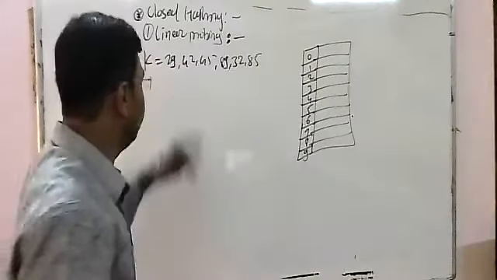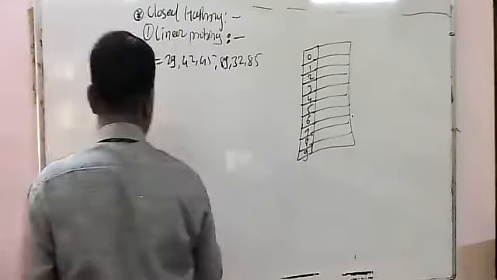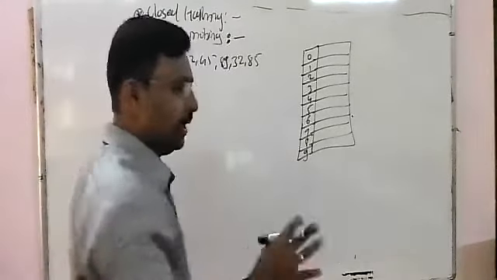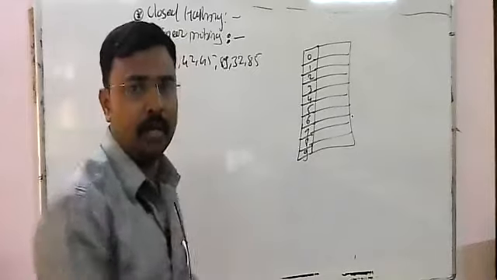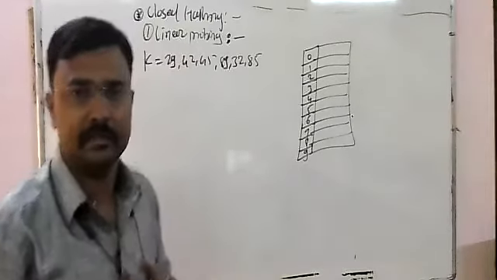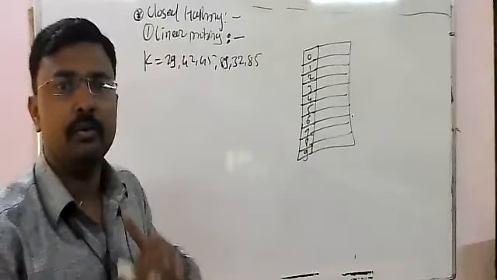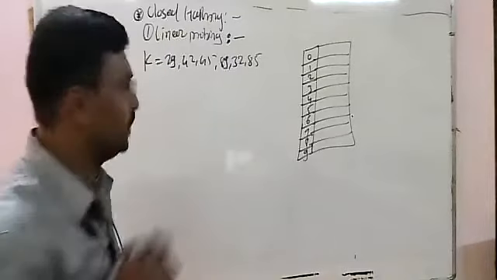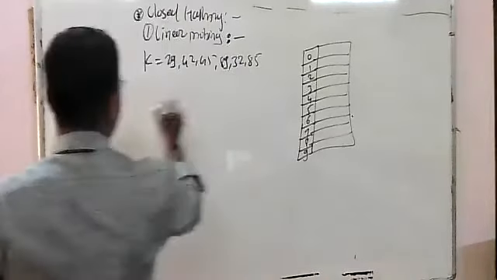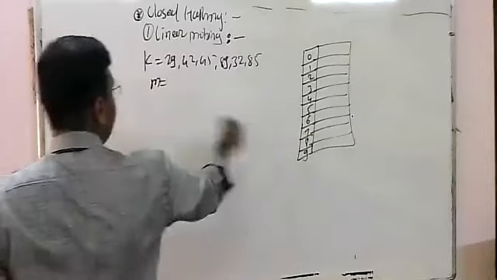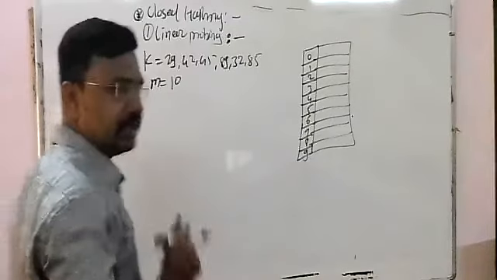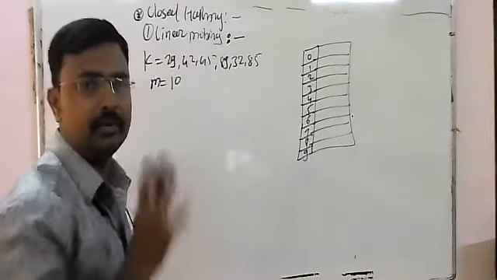Now in linear probing, first the same technique we have to apply. We have to calculate the index value first, where m is equal to 10, the size of the table.